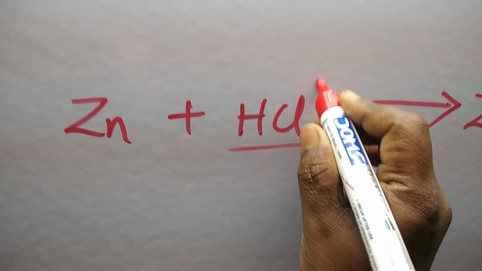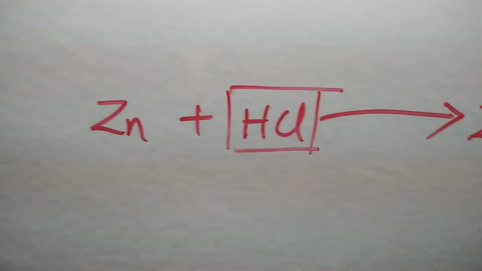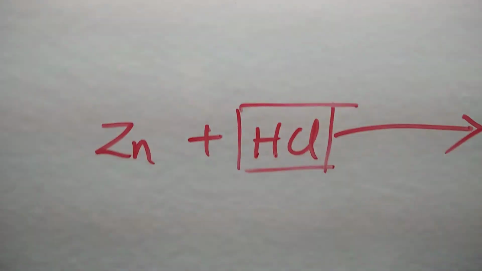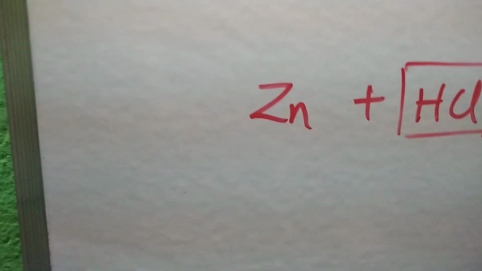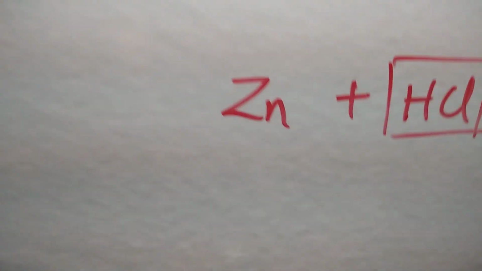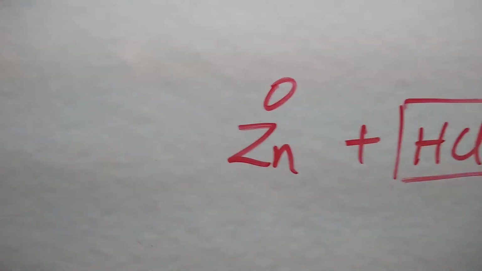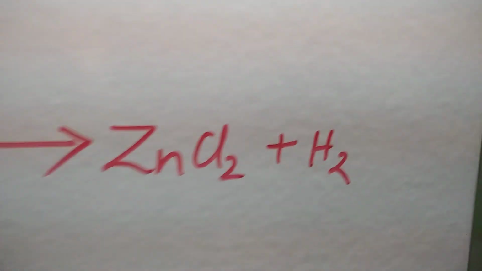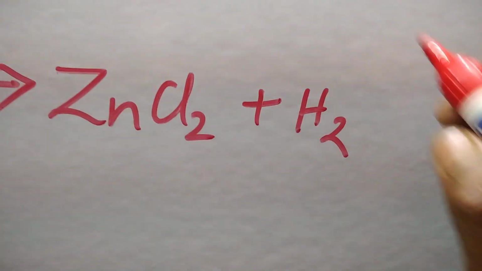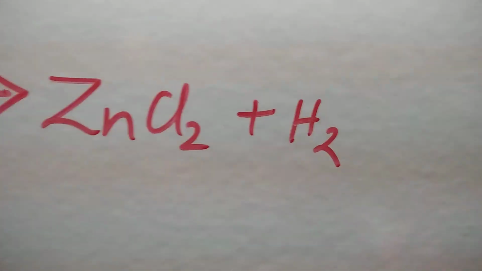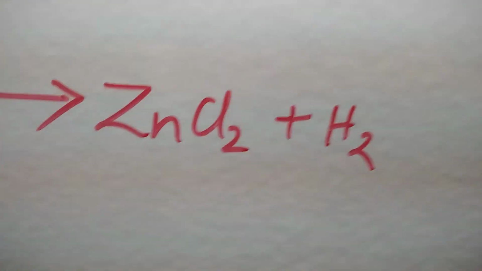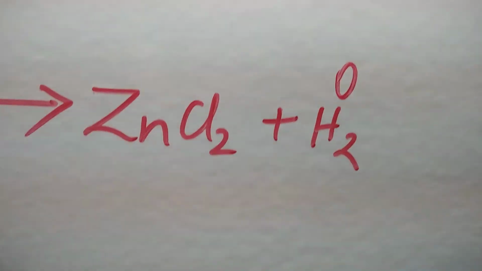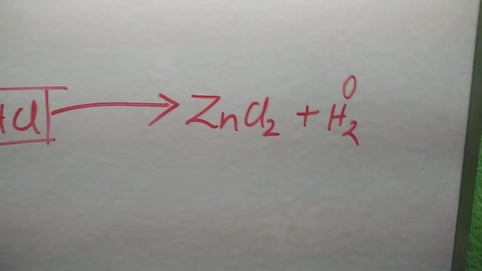See, HCl has 2 atoms, that means it carries charges, but here zinc is free, it is one element only, no compound, that means it has 0 charge. And here H2, the hydrogen molecule, is an element, so it will also be 0, no charges.